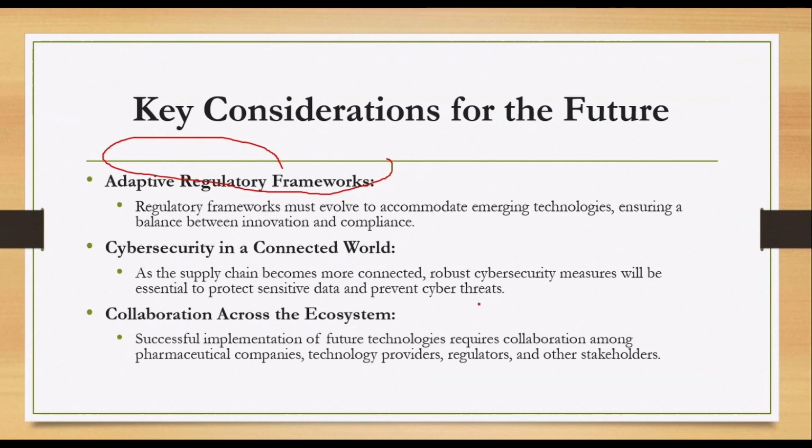That means security of data and security of the facility and assets, and how do you protect from cyber threats, all these things. Then collaboration across ecosystem. So if you implement these technologies, definitely it is going to have a better collaboration among companies and technology providers and regulators and other stakeholders.